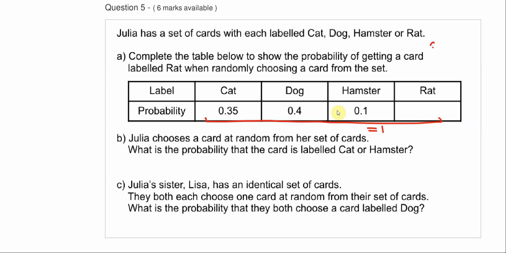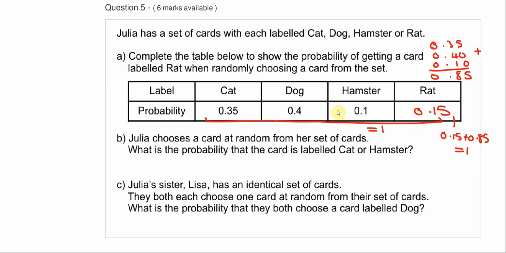So I'm going to do 0.35 plus 0.4 plus 0.1. You can put 0 there if you need to help yourself. So 0.85. Well, this must be 0.15 to make that up to 1. And I'll write that there, because 0.15 plus 0.85 equals 1. So we've done that first bit.